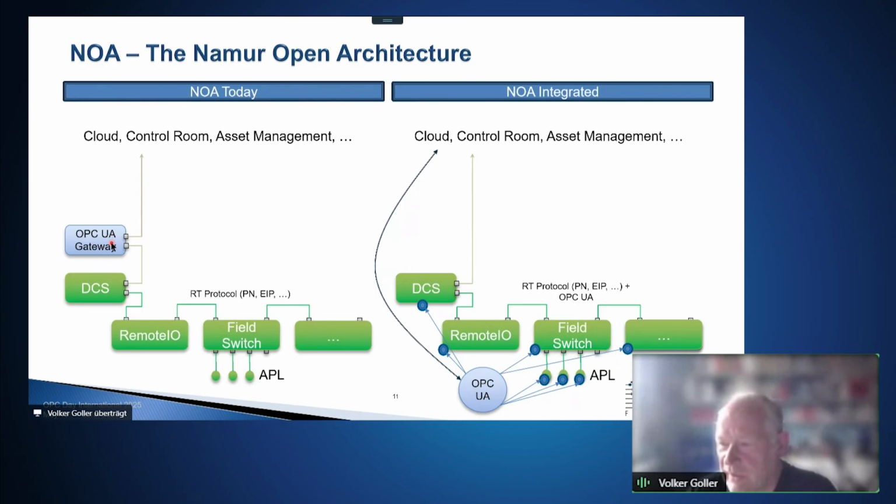And that OPC UA gateway would use a domain protocol to fetch all the data from the field and present it upwards. There is a tendency to do NOA integrated, which means an OPC UA instance runs on all the devices, field switches, the APL devices, even on the switches, and so all the devices have a direct connection to all these applications and the control room.